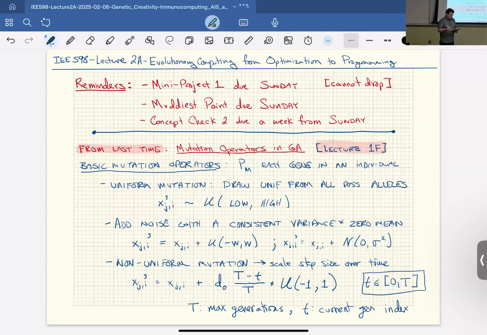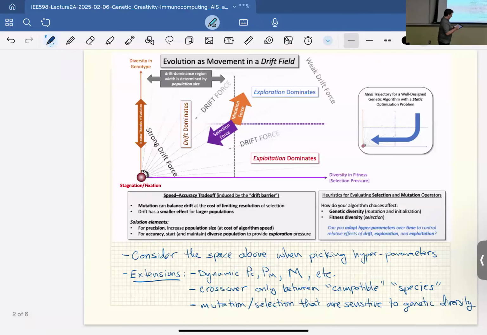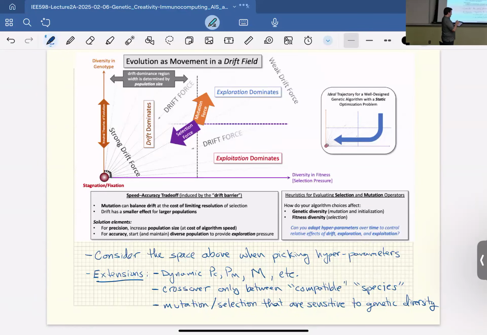So as we've seen, there are a lot of hyperparameters. There's hyperparameters like how big your population is, how likely you are to crossover, what your mutation rate is. There are hyperparameters of particular operators. So you select a certain operator and they might have further parameterization.